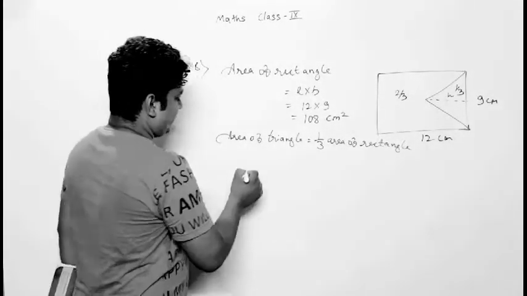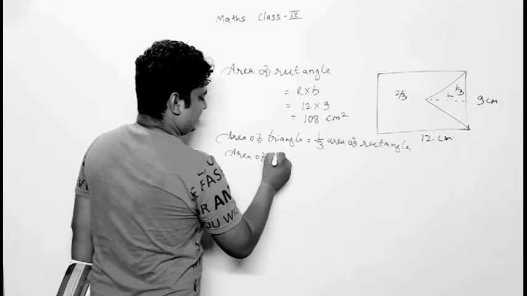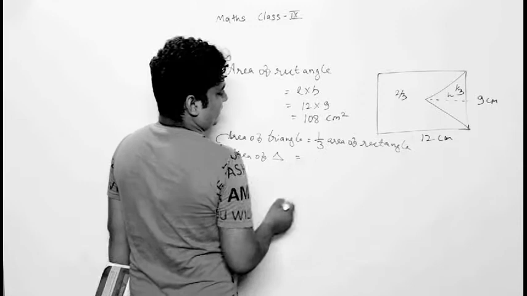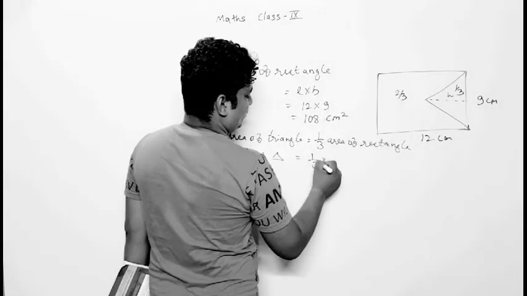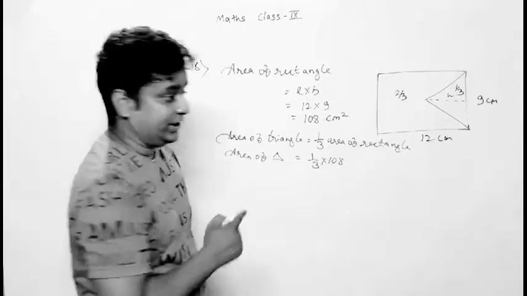So first of all, what is the area of triangle? Area of triangle I am writing like this: 1/3 into 108. So 1/3 of 108 we need to calculate over here.